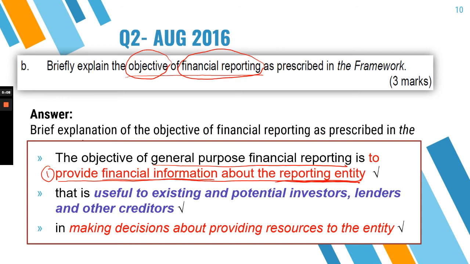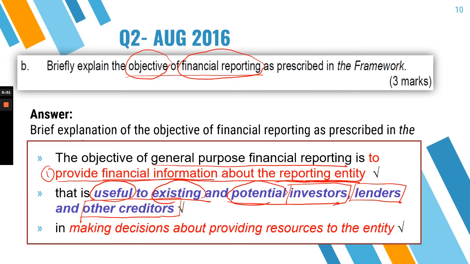That information must be useful to existing and potential investors, lenders, and other creditors. Remember, existing and potential investors, lenders, and other creditors are the users that are given primary focus in terms of the general purpose financial reporting.